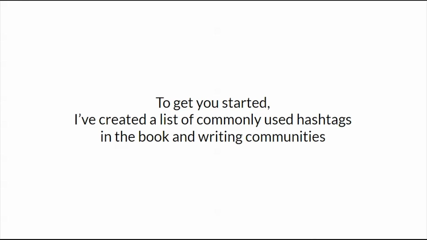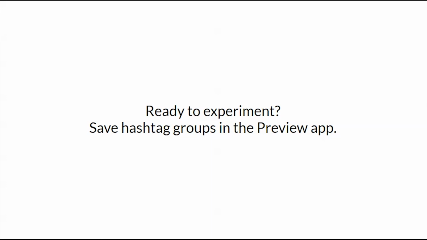To get you started, I did create a list of commonly used hashtags in the book and writing communities. It's in no way conclusive. Hashtags change and develop and grow and fall out of use all the time, but this will be a great resource for you to get started and to use as search terms to explore hashtags you might want to use in future. So if you're ready to experiment, save some hashtag groups in the Preview app.